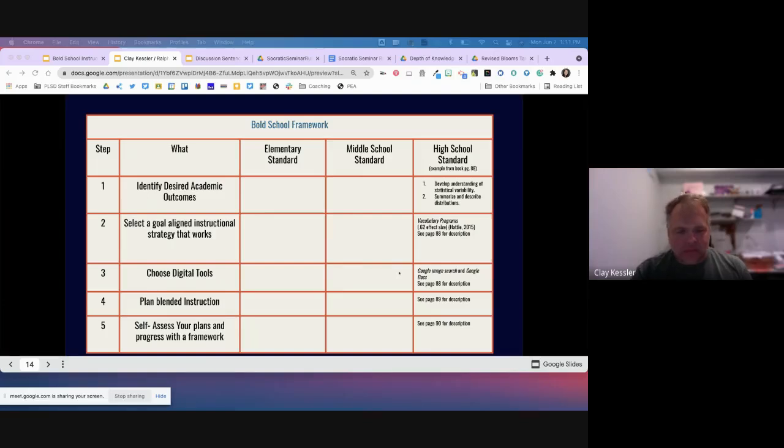The two vocabulary programs they used were Google Image Search and Google Docs, and we're going to be building a Frayer model, working your way through to the application section at the end, and then the self-assessment together with the rigor and relevance.